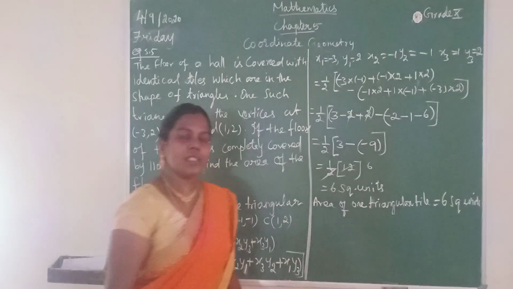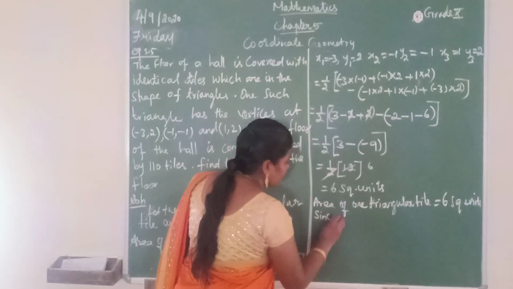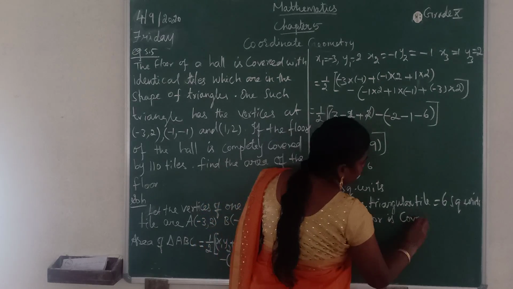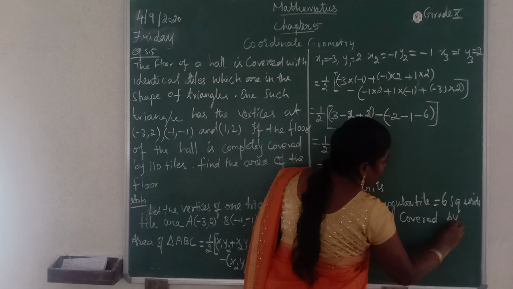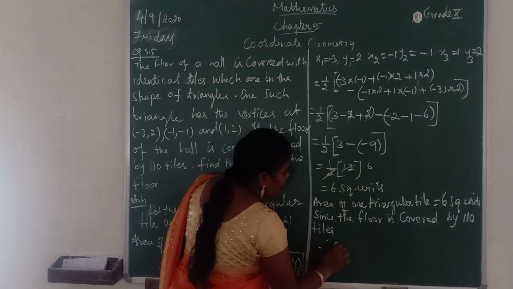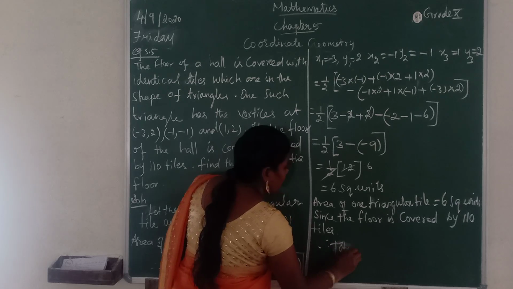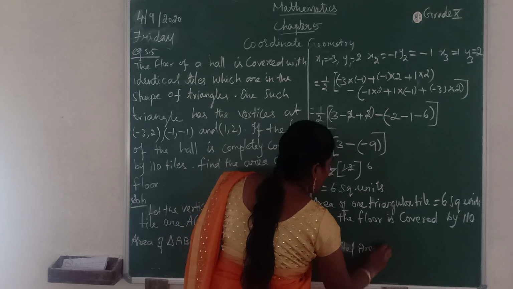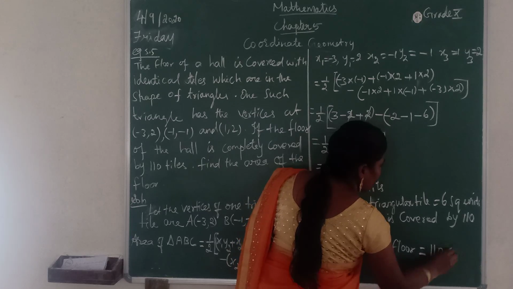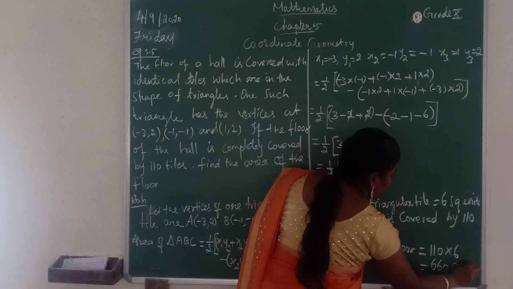Since the floor is covered by 110 tiles, therefore total area of floor is equal to 110 into 6, that is 660 square units.